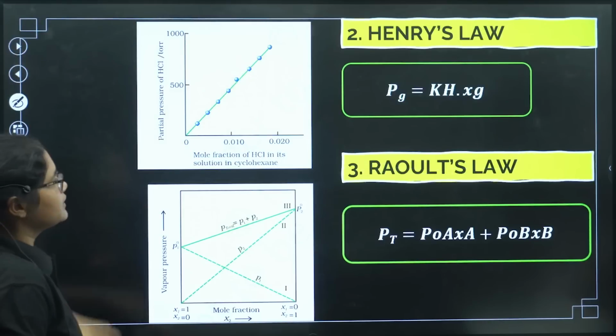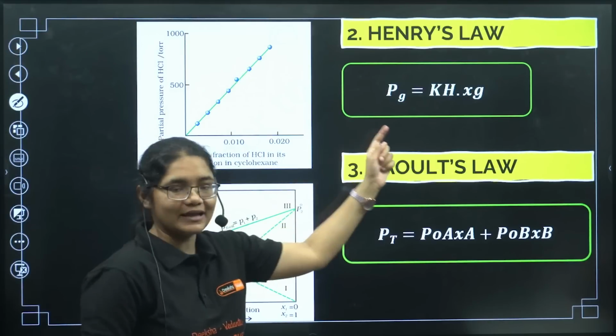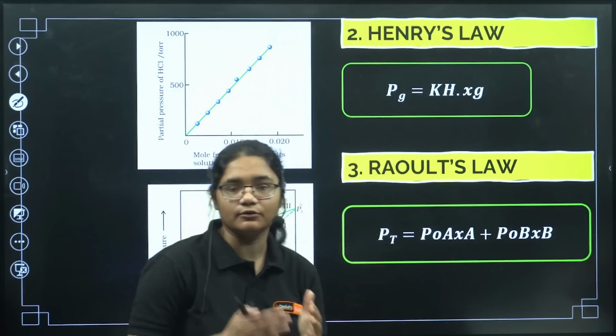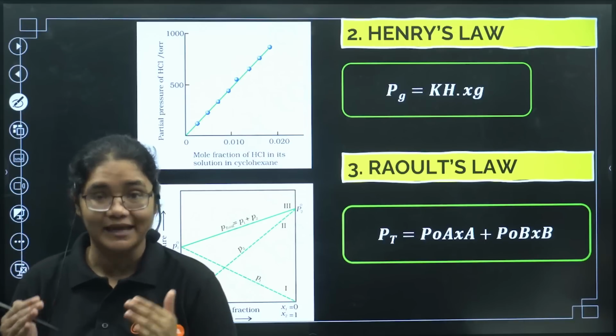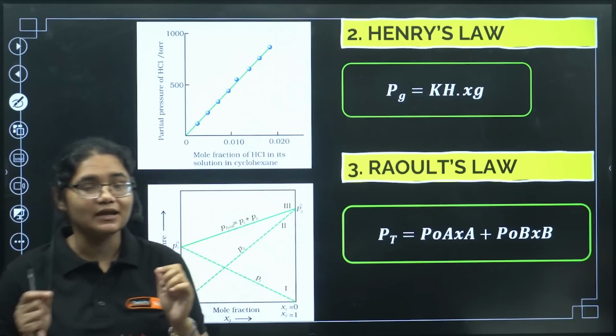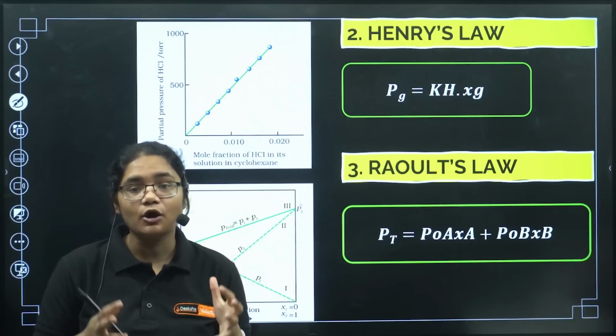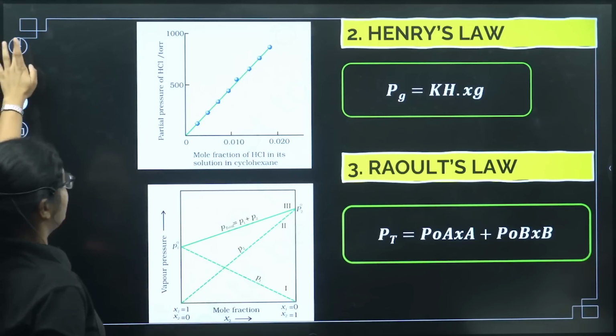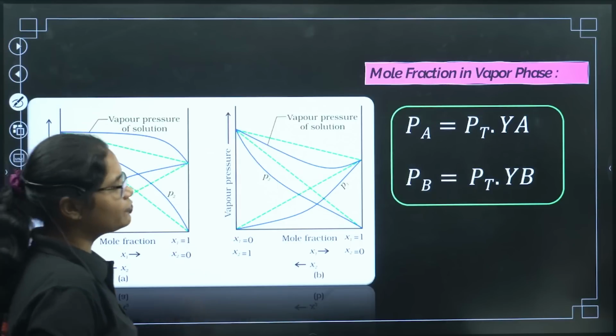Now moving towards Henry's law, we have P of the gas is equal to Kh into mole fraction. Raoult's law: P total is equal to P naught A XA plus P naught B XB, where P naught A and P naught B are the pressures of the pure solvents. Next we have mole fraction in the vapor phase.